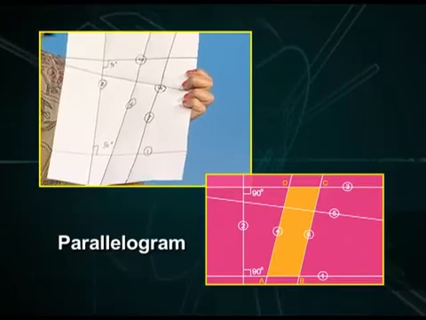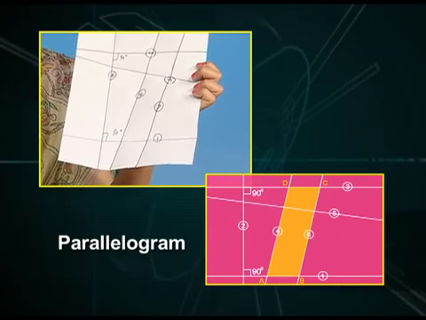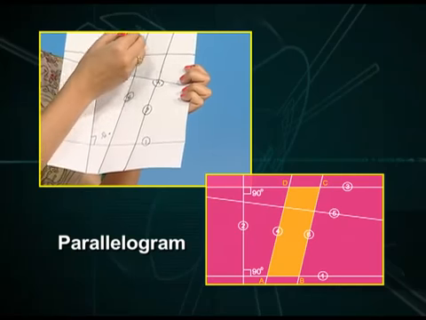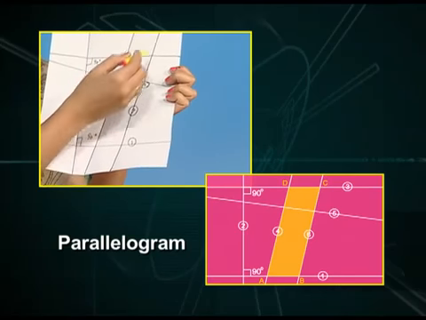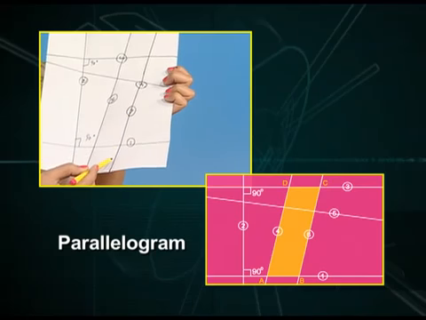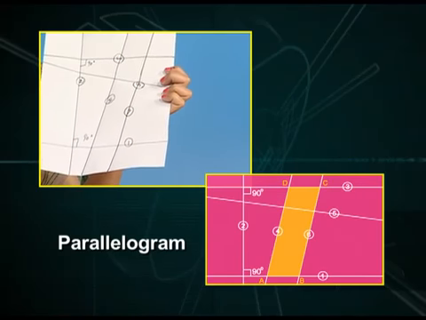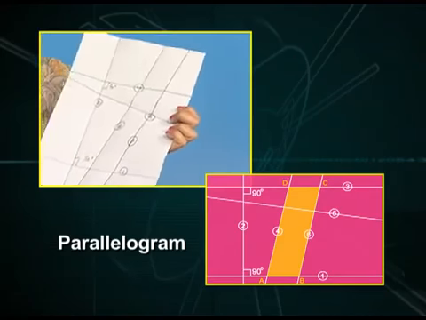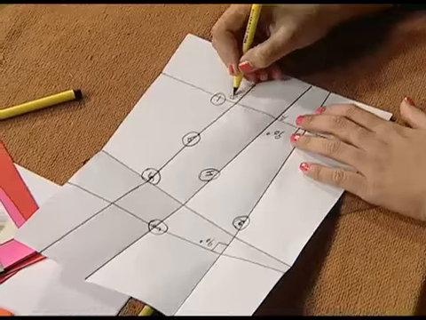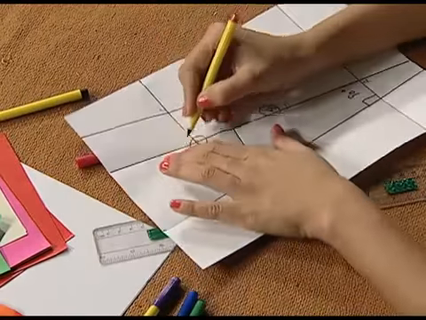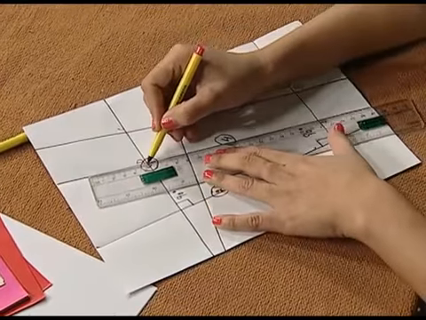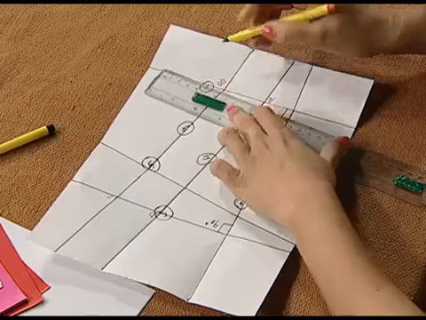Now observe this carefully. Crease number 1 is parallel to 3 and 4 is parallel to 6. Now can you see and observe a parallelogram here? I am marking the points A, B, C and D and drawing a parallelogram using a different color.